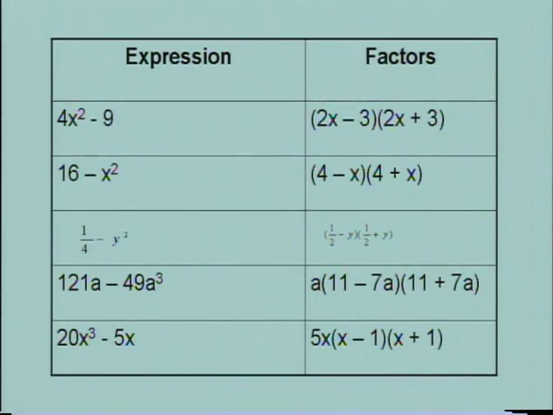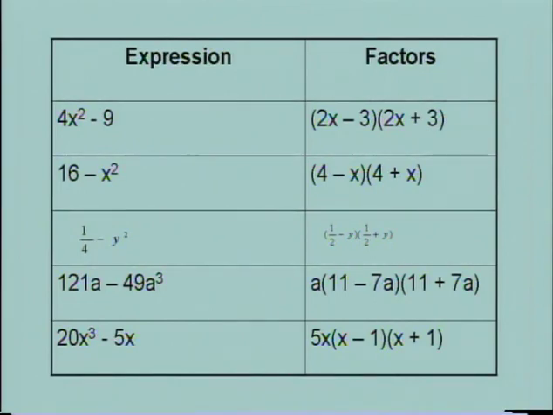121 is a perfect square because the square root of 121 is 11. So we have the first factor. In this case, we'll have three factors. The first factor being a, and then we factorize 121 minus 49a squared, and we'll have square root of 121 as 11.